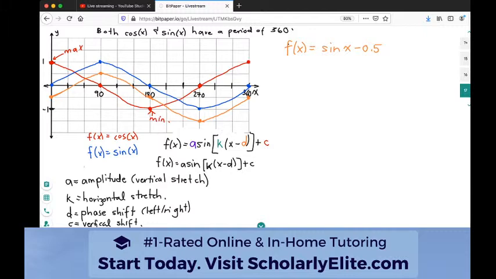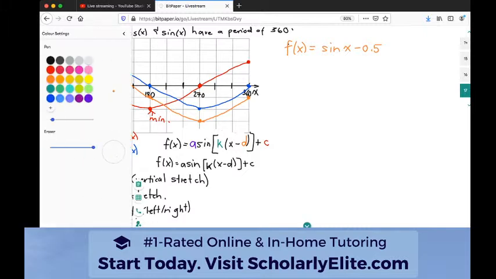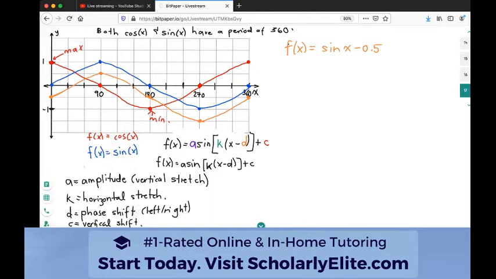Now, let's say, for example, we do one in purple. Say I want to go f of x equals 2 sine x. So again, we're looking at our normal sine graph, which is the blue one.